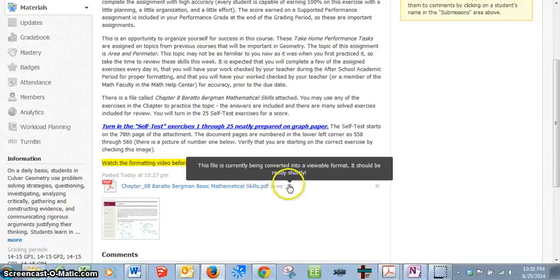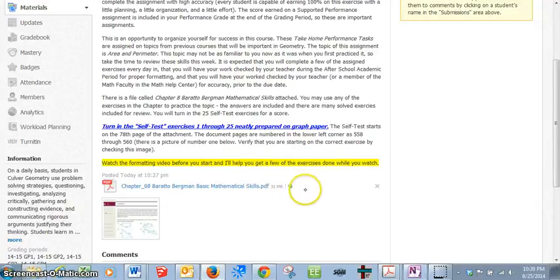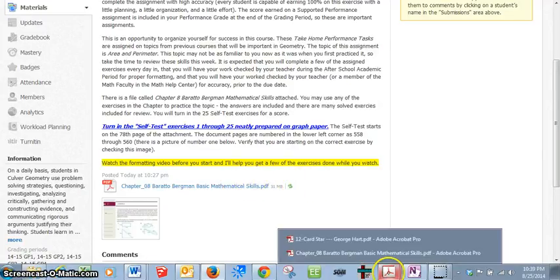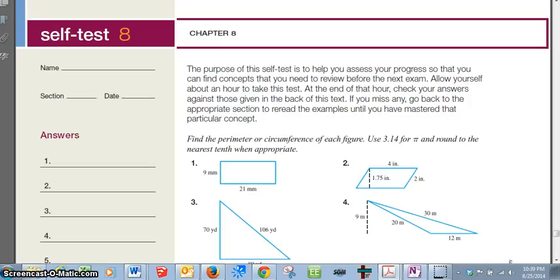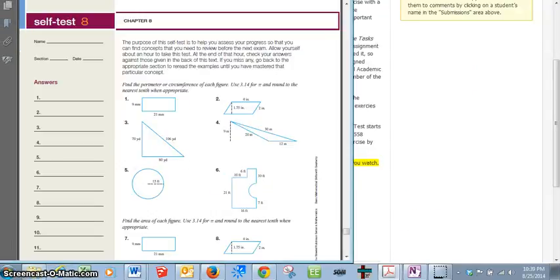There will be a view tab right here that will allow you to open this document. You're not expected to print the whole document. You're expected to use it as an electronic document.